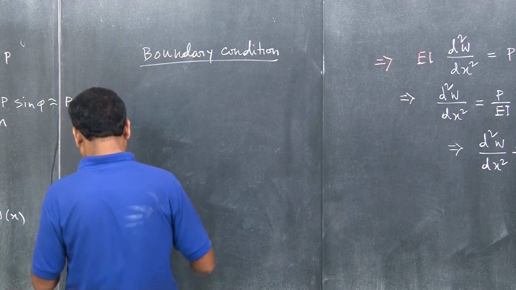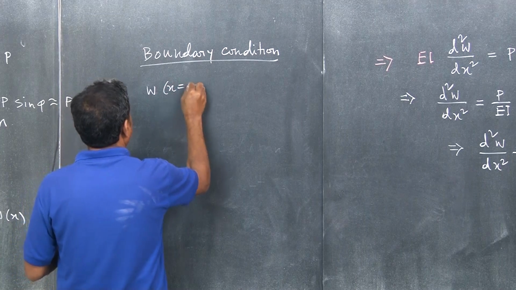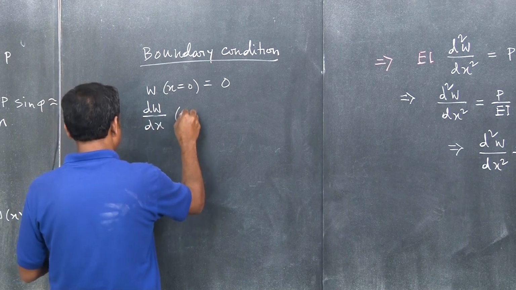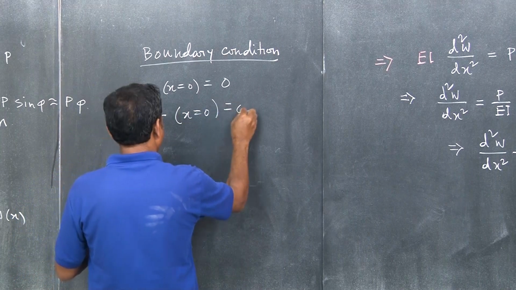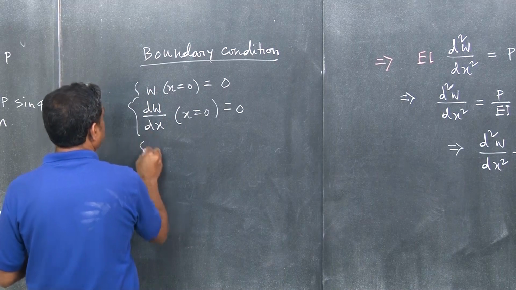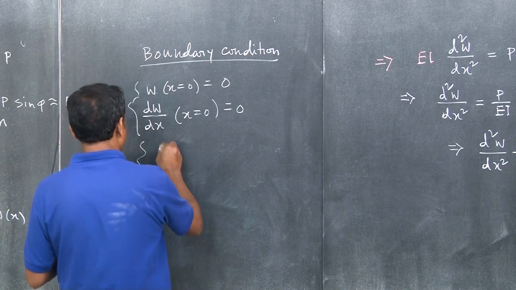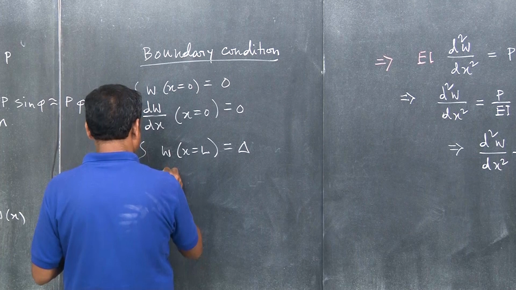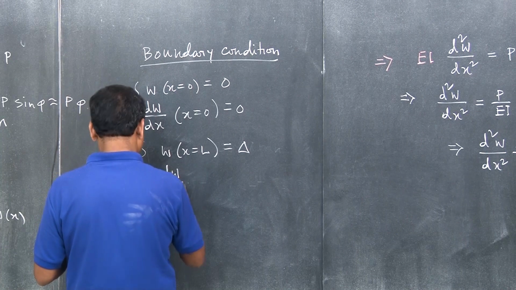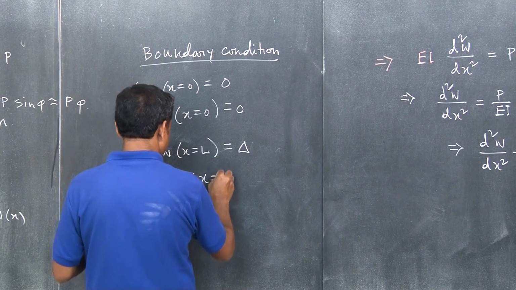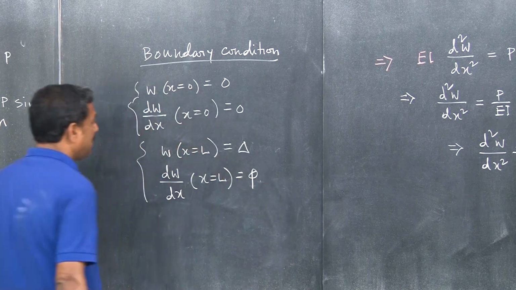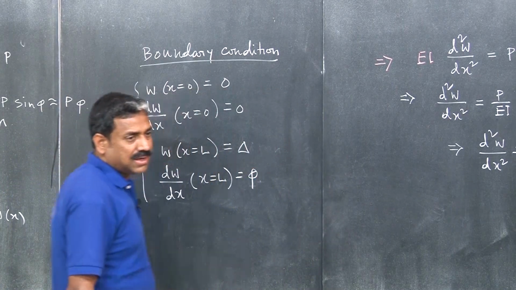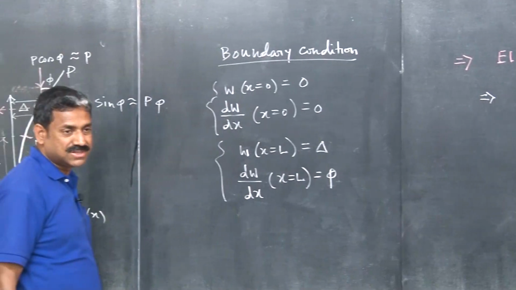Boundary conditions will be w at x equal to 0 is 0, dw/dx is 0, these are at x equal to 0, and then at the other end, x equal to L, w is delta, and dw/dx at x equal to L is phi, right. Note that it is a second order equation, so we can express the derivative until first. We don't require other boundary conditions to be defined, right?